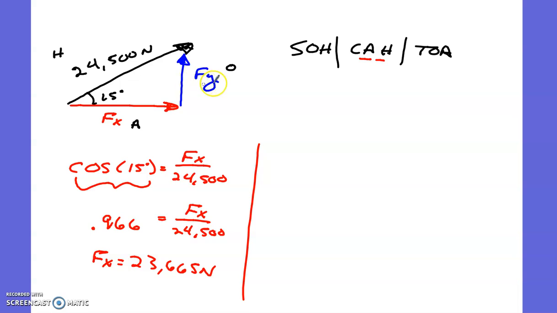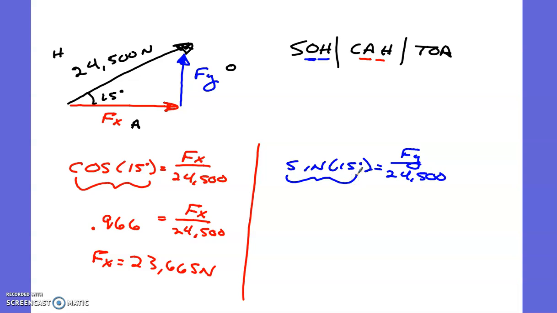Next, let's get the y component, that is the opposite side. Again, we know the hypotenuse, so we're going to use sine. Remember that this sine of 15 degrees simply represents a number.